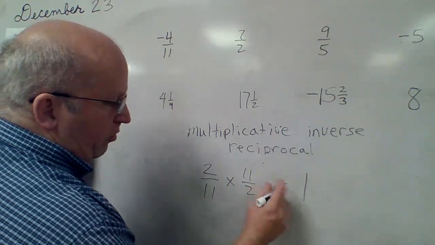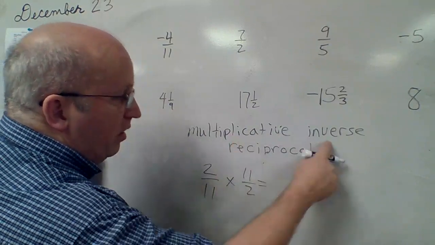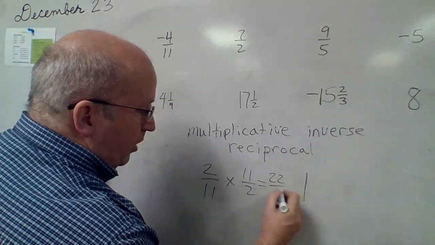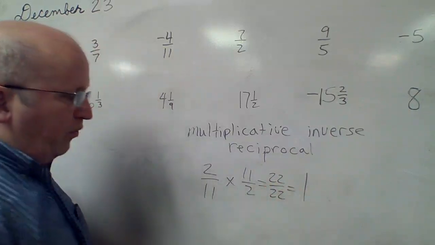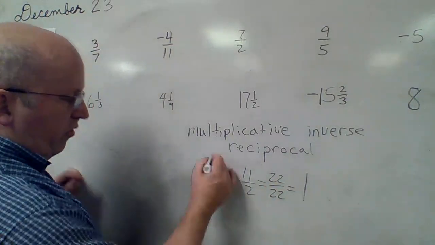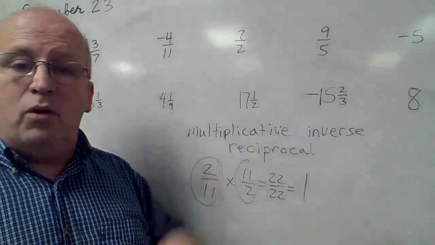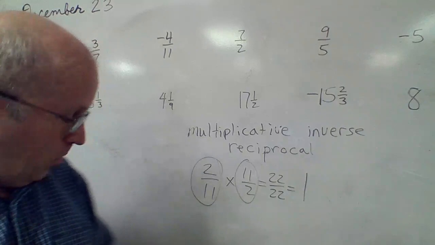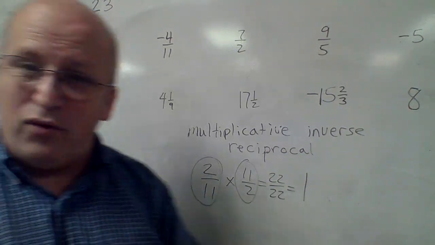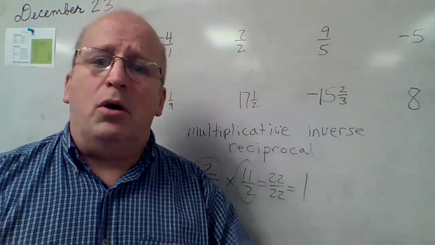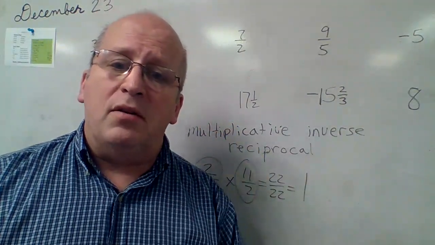The multiplicative inverse, or the reciprocal, would give me 22 over 22, which simplifies down to 1. So this number and this number are reciprocals or are multiplicative inverses. Do you notice how easy this is when they're fractions? All you got to do is flip the numbers and you get the reciprocal, or you get the multiplicative inverse.